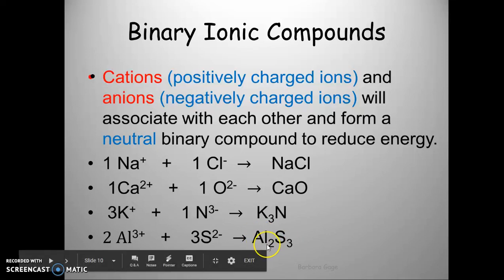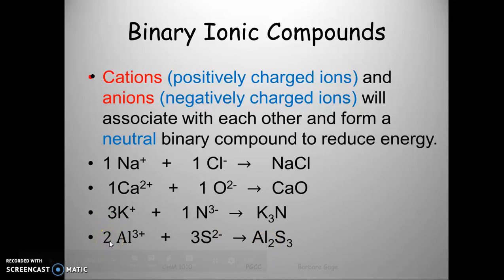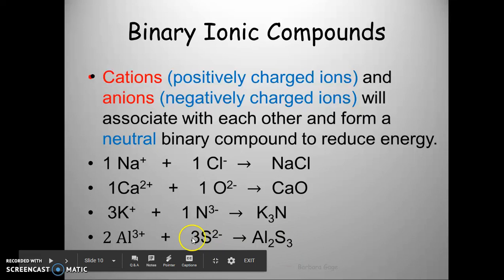So if we end with 2 atoms of aluminum here, we've got to start with 2 atoms of aluminum here. If we end with 3 atoms of sulfur, start with 3 atoms of sulfur. We'll talk about balancing next unit. I think that's in unit 4. But what I want you guys to understand is how I'm getting these subscripts down here. So again, the rule is we just take the charge of the other atom.